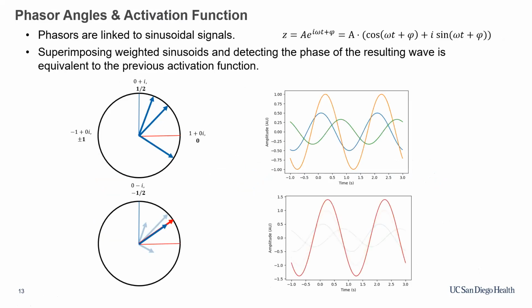To go over briefly how this links the FHRR networks to a neuromorphic domain: as any electrical engineer knows, a phasor is linked to a sinusoidal signal, and superimposing these weighted sinusoids and detecting the phase of the result is equivalent to the activation function we just talked about in the complex domain.